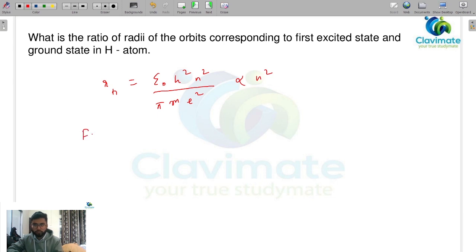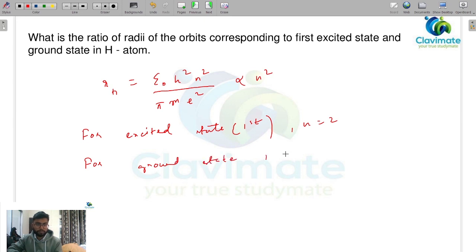So for excited state, and this is our first excited state, the value of n is 2. And for ground state, the value of n is 1.